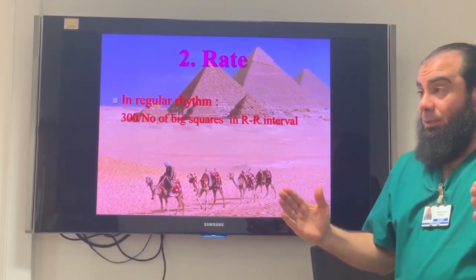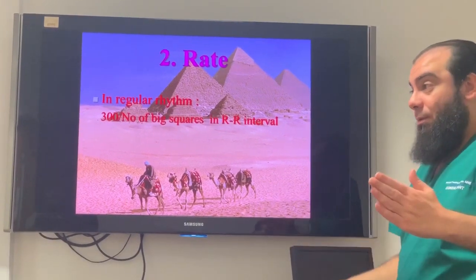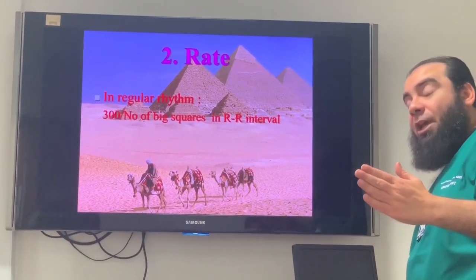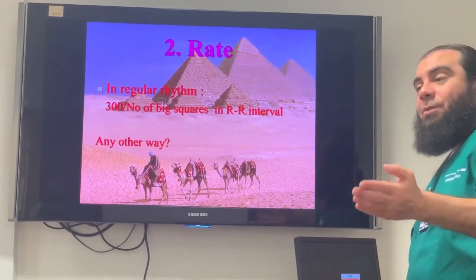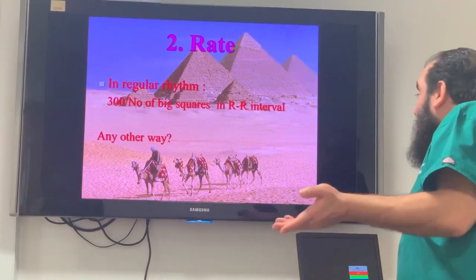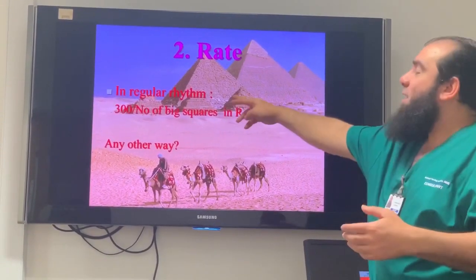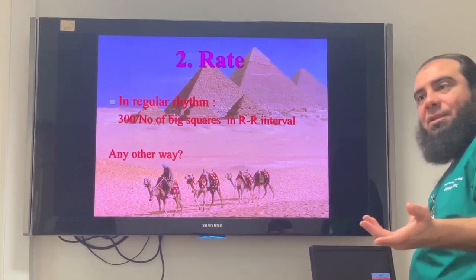The 30 big squares multiplied by 10, can we use it in a regular rhythm? Absolutely, why not? It can be done. But usually it takes time, that's why we make it easy this way. But it can be, because it's the same idea.